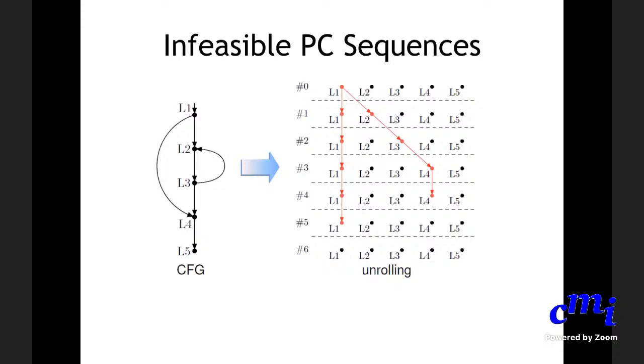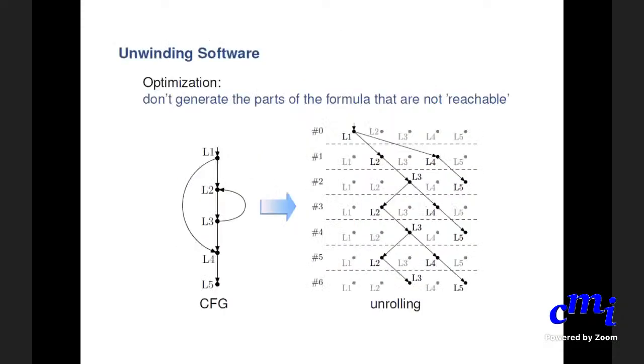Therefore, the formula that represents K depth unwinding of your program will be huge, because it contains unnecessary parts that are never used.